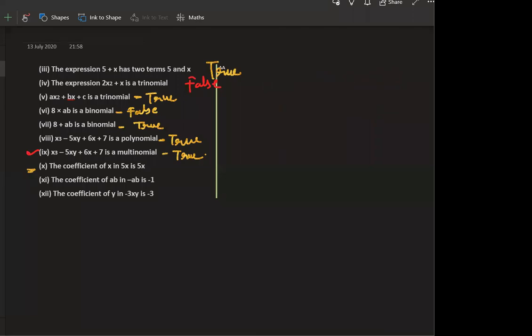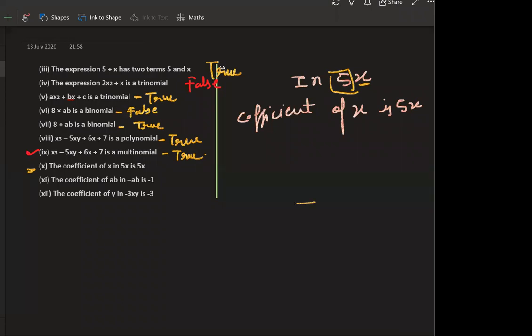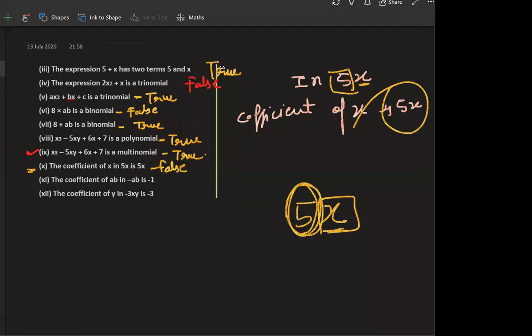So is it true or false? Actually, this is wrong. The coefficient of x is only 5, not 5x. The question says 5x, so this is false. Yes, it is false.